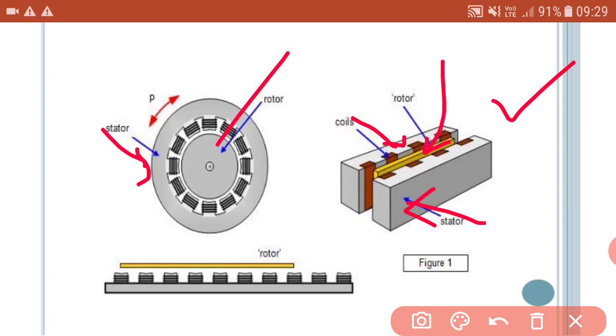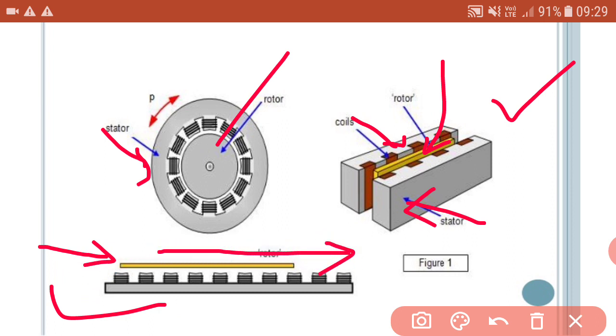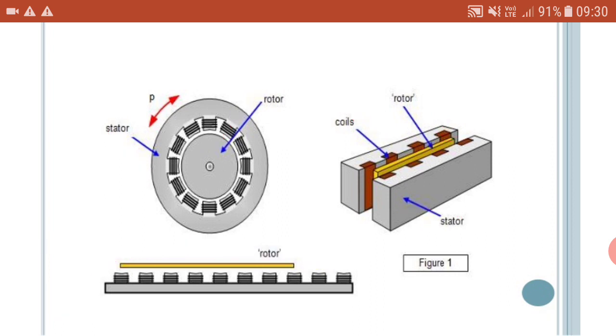Here the yellow strip stands for the rotor, so it will move on the stator in a linear path. It means left to right or right to left. This type of motion is known as linear motion, and this type of arrangement is known as a linear induction motor.